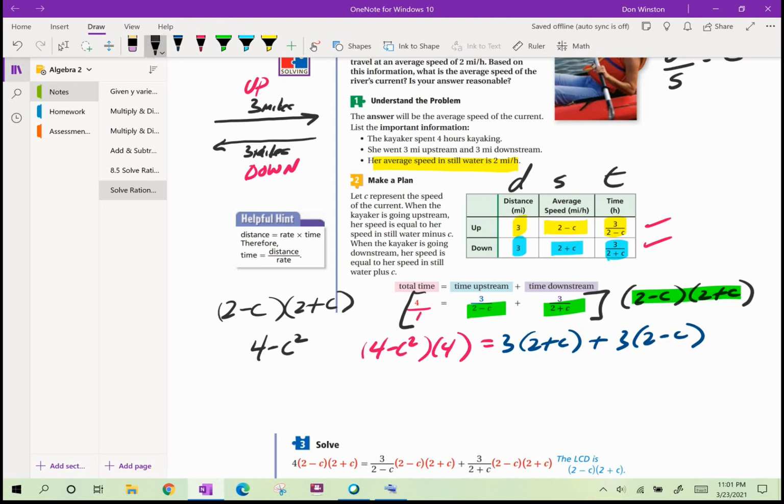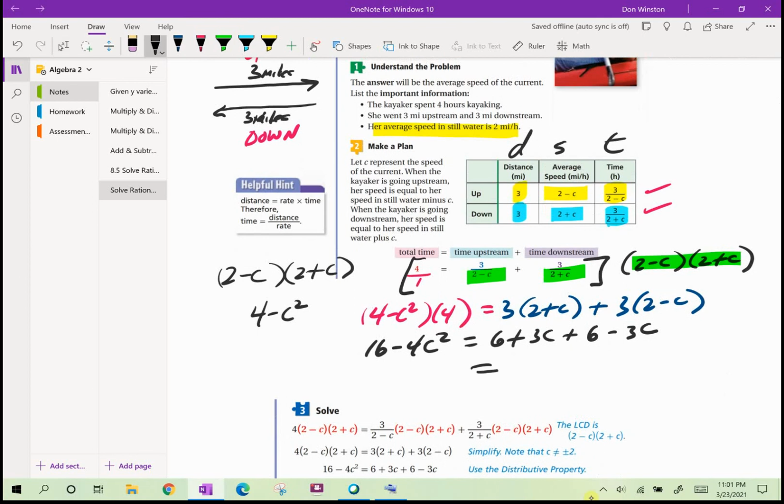Now all I have to do is multiply. So 4 times 4 is 16, so 16 minus 4C squared equals 6 plus 3C plus 6 minus 3C, and so this is going to equal 12.